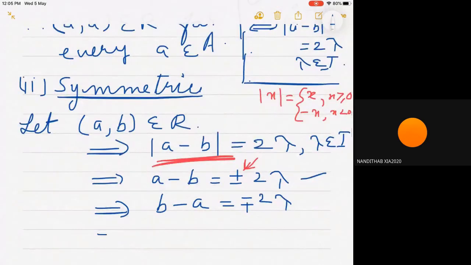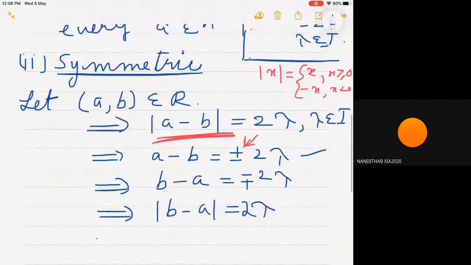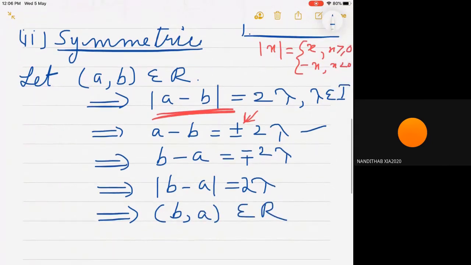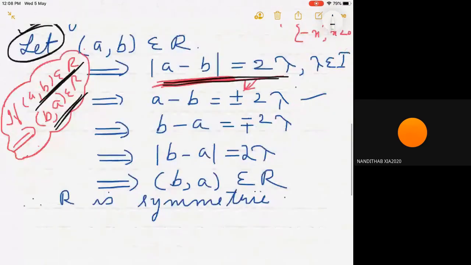That means again you can say that modulus of b minus a is equal to 2 lambda. So that implies the ordered pair (b, a) is an element of R. This implies that R is symmetric.